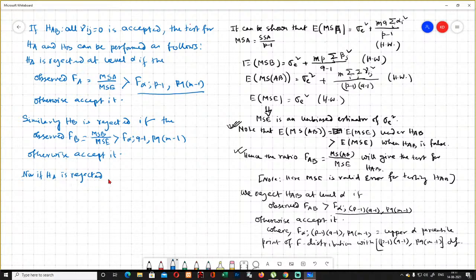Now, if HA is rejected, the problem is we can find the level of A with the help of t-test, which is responsible for this rejection.